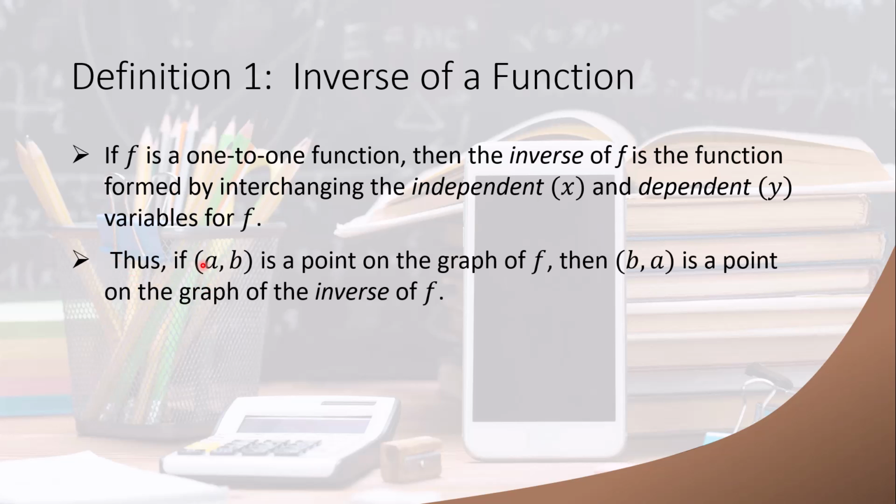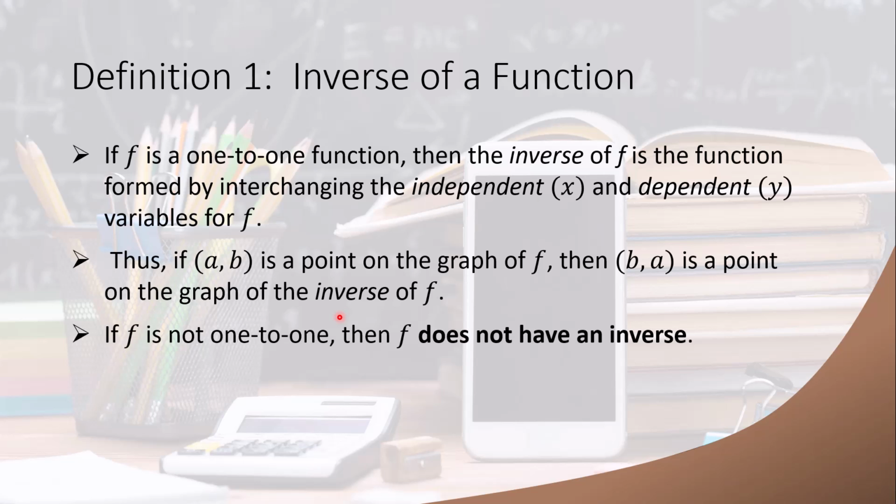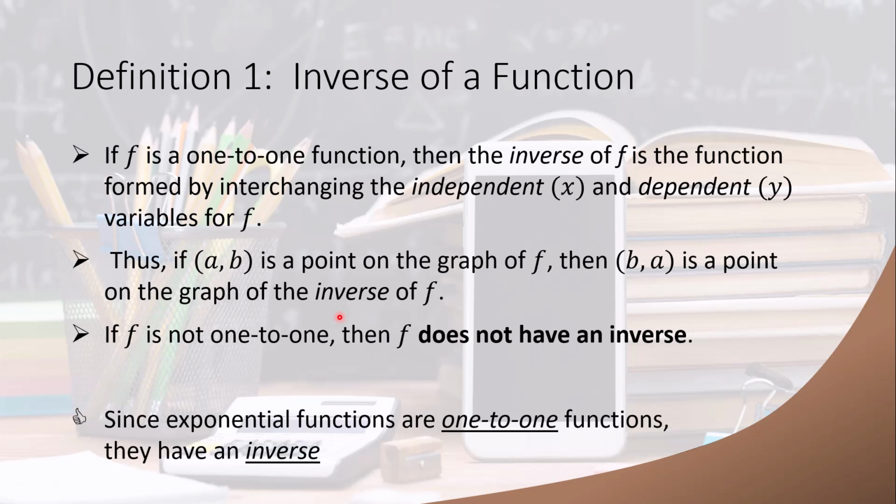Therefore, if the point (a, b) is on the graph of f, then the point (b, a) is on the graph of its inverse. Furthermore, if f is not a one-to-one function, it does not have an inverse. And since every exponential function is a one-to-one function, every exponential function has an inverse. And you'll never guess what we're going to call them. Yep, we're going to call them logarithms.